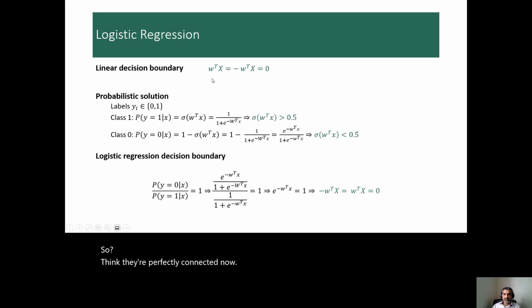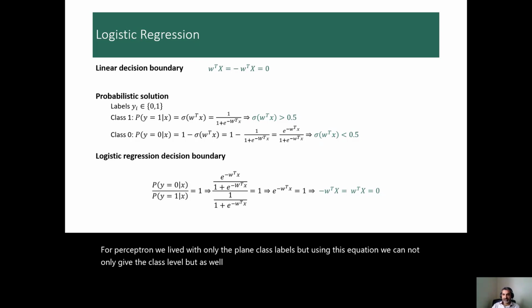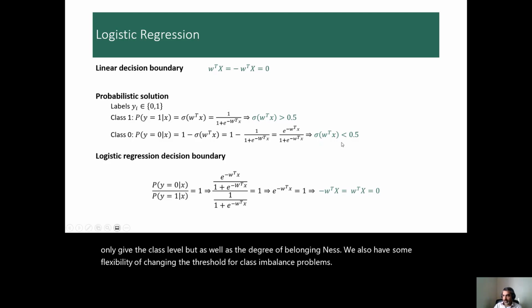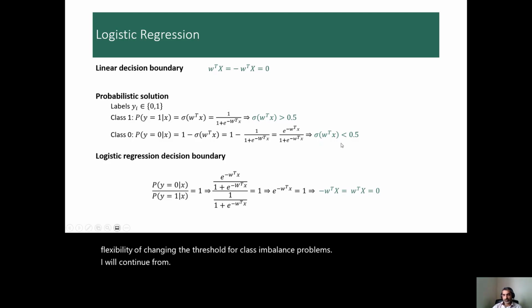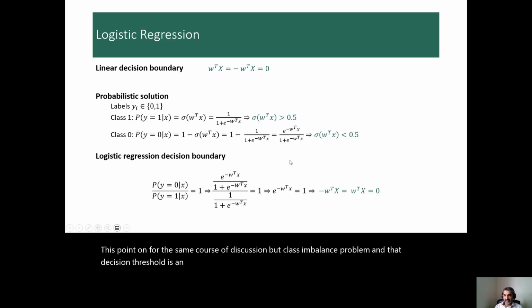For perceptron, we lived with only the plain class labels, but using this equation, we can not only give the class label, but also the degree of belongingness. We also have some flexibility of changing the threshold for class imbalance problems. I will continue from this point on in the same course of discussion, but the class imbalance problem and the decision threshold is an important caveat here that we need to discuss from an application point of view.